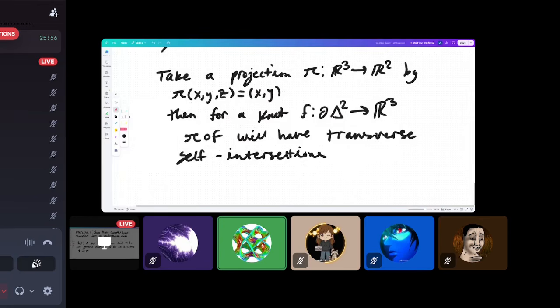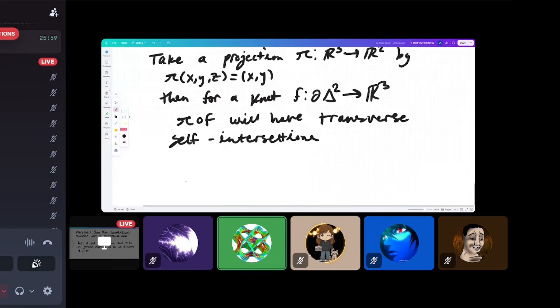Now, what do I mean by transverse? Well, transverse basically means that if I have a self-intersection, we cannot have a line lying over a line. We have to have something that crosses itself completely. For example, let's say we have a knot that looks like this: straight down, out, and then kind of diagonal.